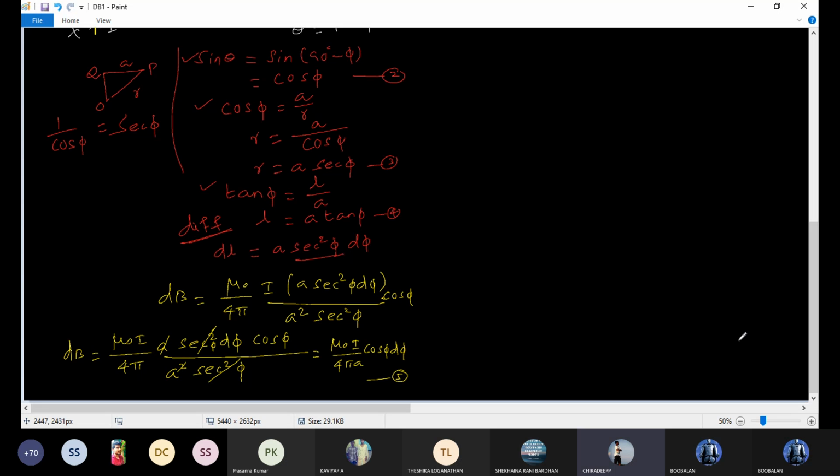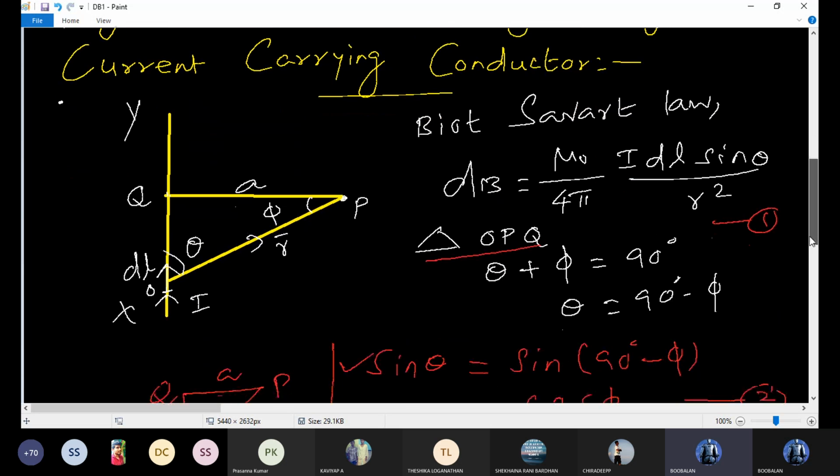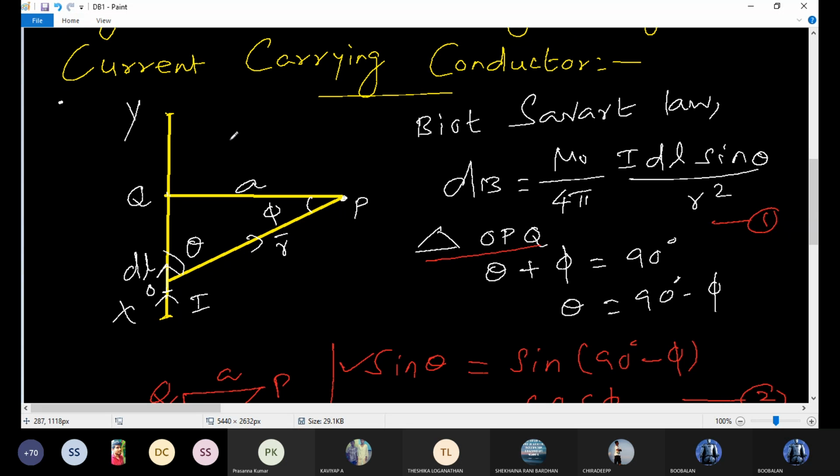So next one. Up to now, we have discussed only the small portion. But next step, we should find it for the entire conductor, from starting point to ending point. This is the angle.